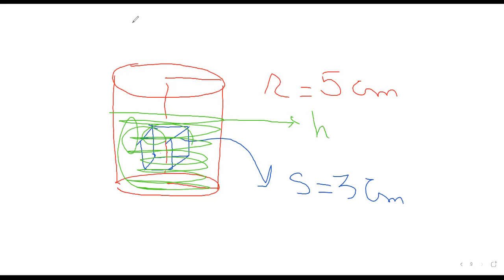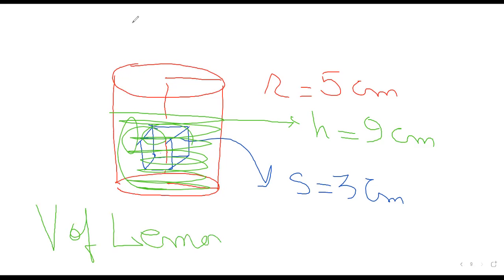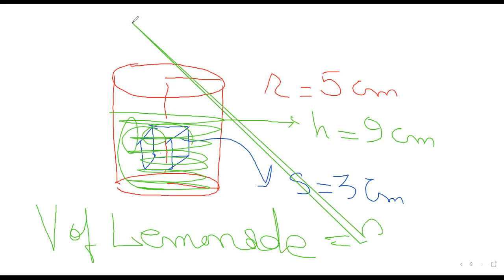The height of the lemonade liquid is 9 centimeters. Assuming the ice cube is fully submerged under this lemonade, which of the following expressions gives the volume in cubic centimeters of the lemonade poured into the cup? So we are looking for the volume of this liquid, the volume of lemonade.